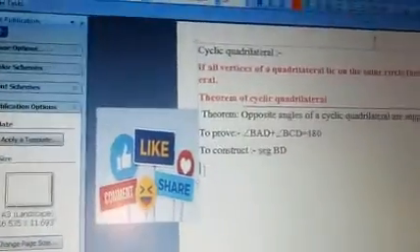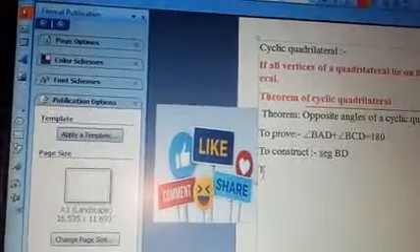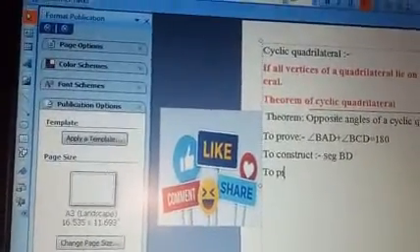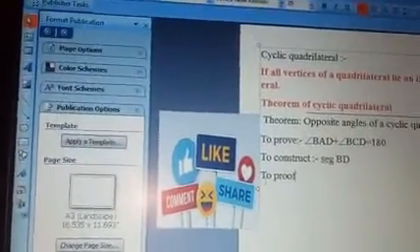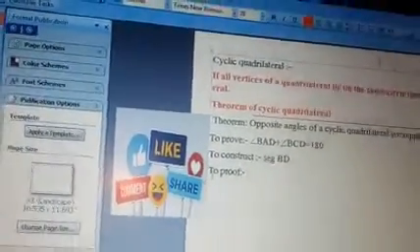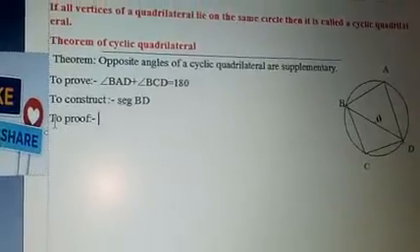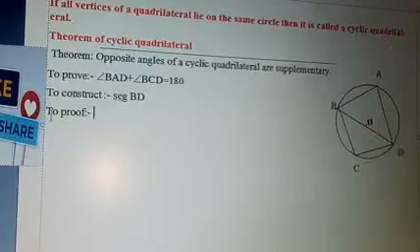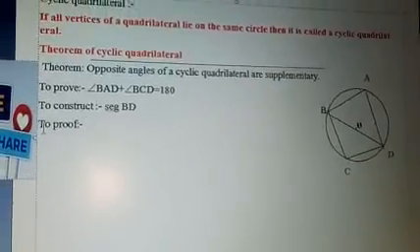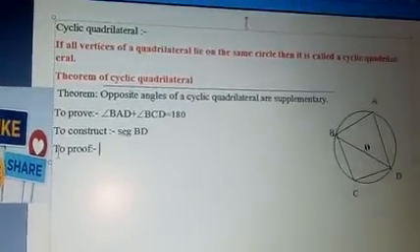After that, to prove what we have to prove: by the segment BD, there are two angles inscribed, and both inscribed angles are equal to each other. It is the first condition.